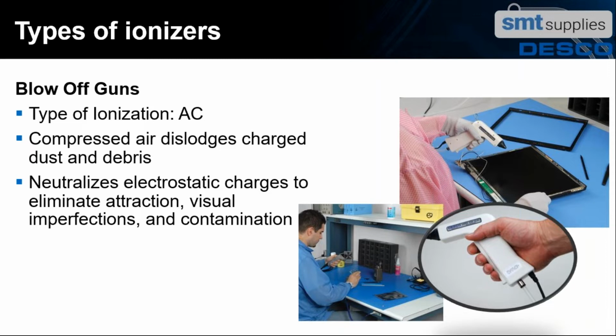You need both the air power and the ionization benefit to loosen it off the material. But most companies that are working with static sensitive devices and blowing guns on them do use AC. But just for the sake of the conversation, a regular air gun will not generate a charge if the air is clean.